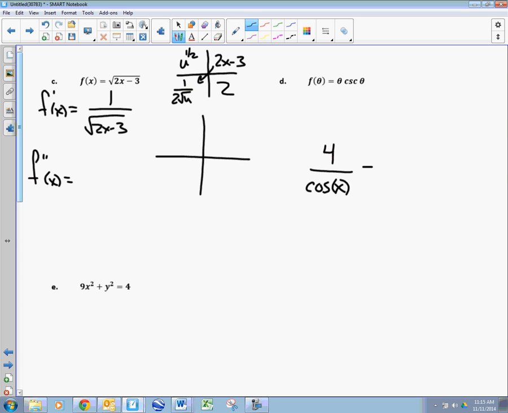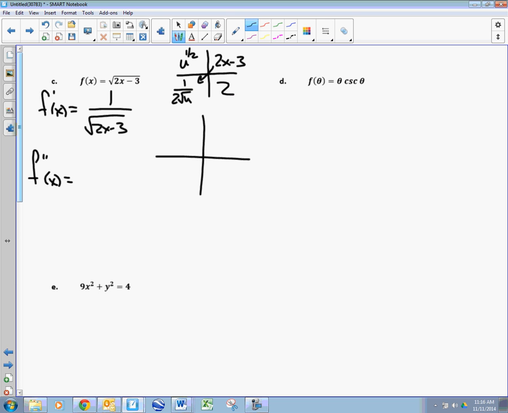How should you write this? 4 times 1 over cosine is the same as, no, secant. I mean, just take the derivative of 4 secant instead of using the quotient rule for 4 over cosine. But you've got to remember your trig if you're going to do that. I promise you have to know stuff like that for the test. You've got to have your wits about you.